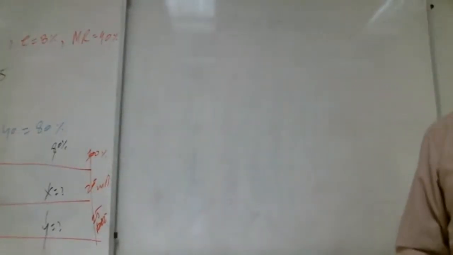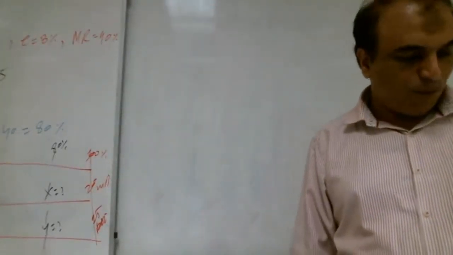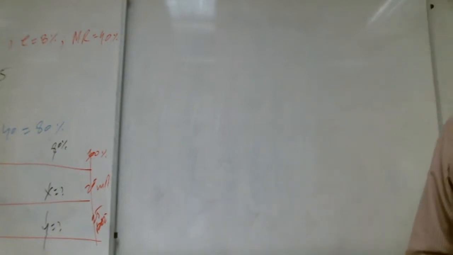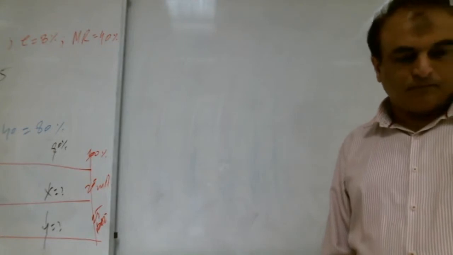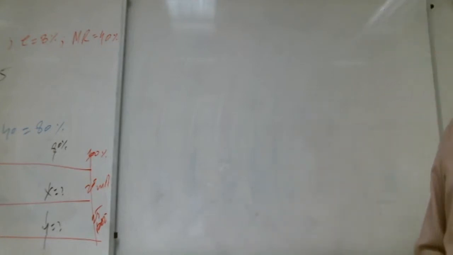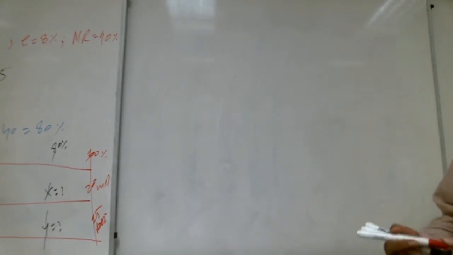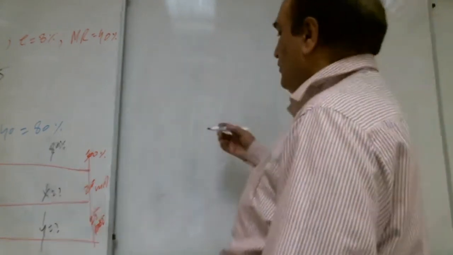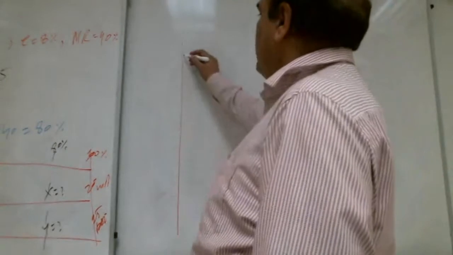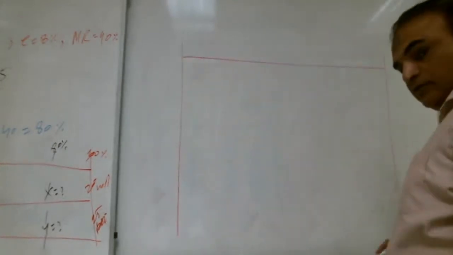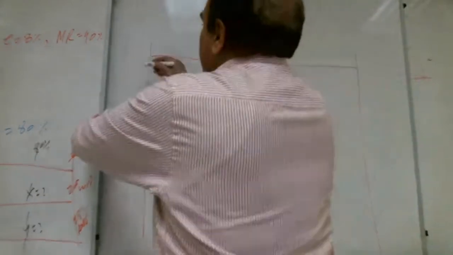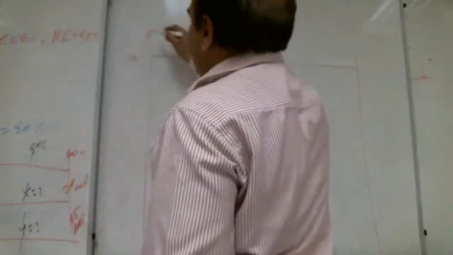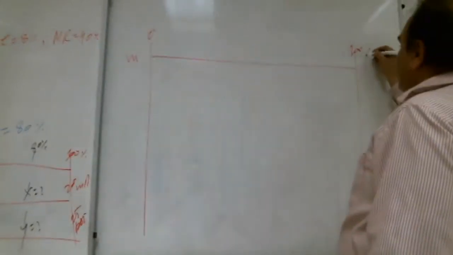Please read part B. Part B: how much will the valve be open, if the valve is normally open and normally closed? So the same diagram we need to draw. We always do this. This is our output, 0 to 100%.